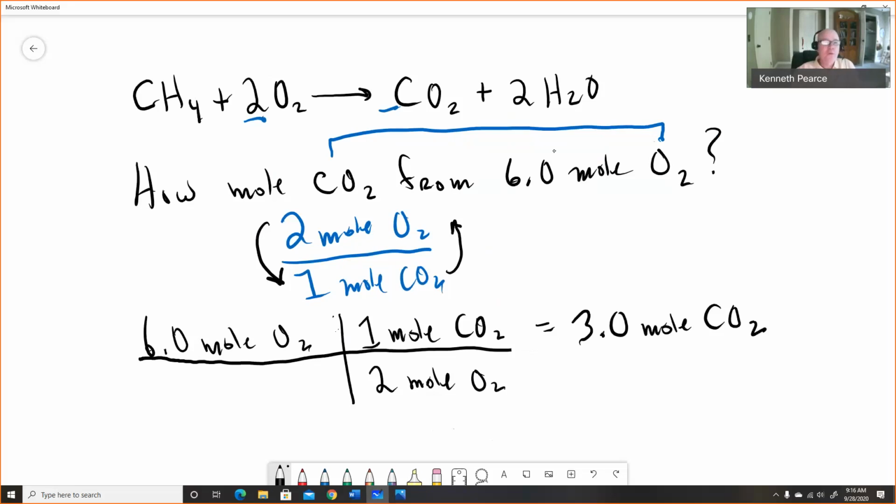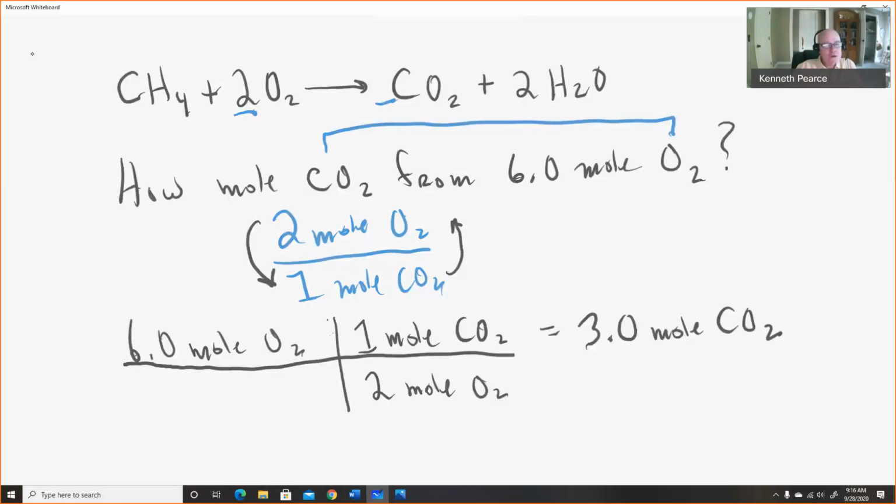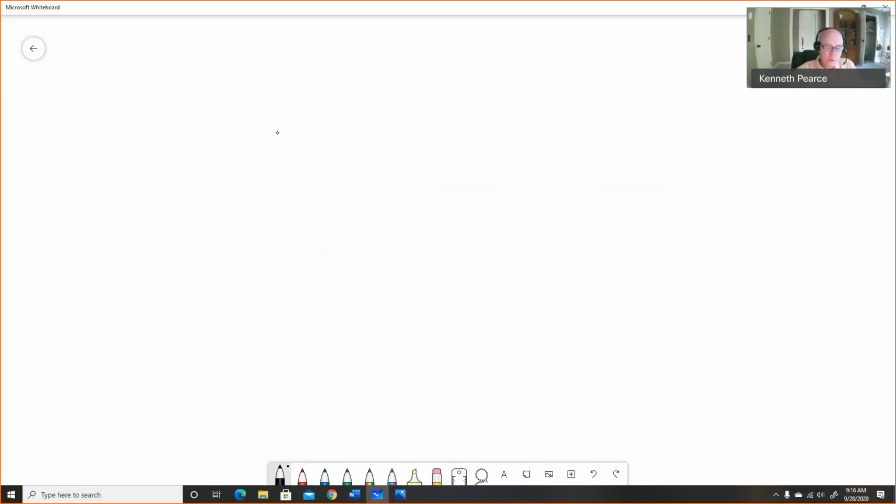Okay, so we have our mole ratio, which we can get off the balanced equation. And so a mole ratio, usually we say moles of B, wherever we're going, over moles of A, although it doesn't matter which one you put on top.